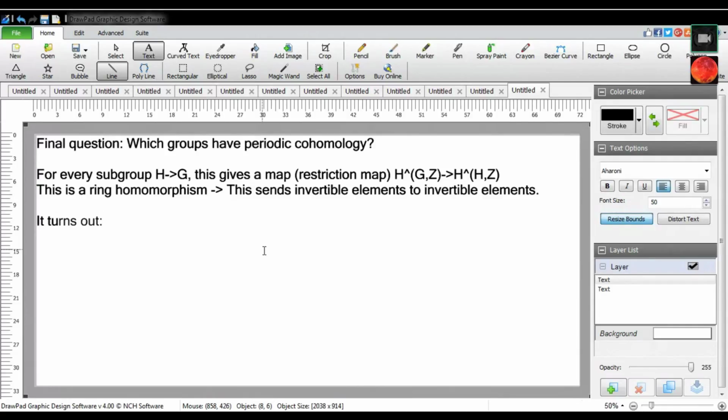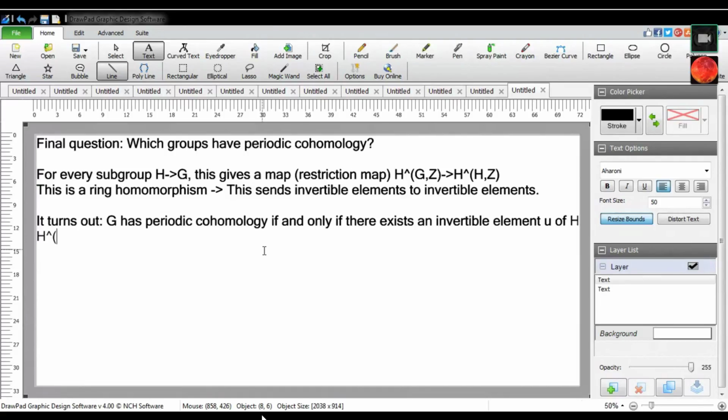It turns out G has periodic cohomology if and only if there exists an invertible element U in the Tate cohomology of G, such that the cup product with U gives isomorphisms. What does this look like?